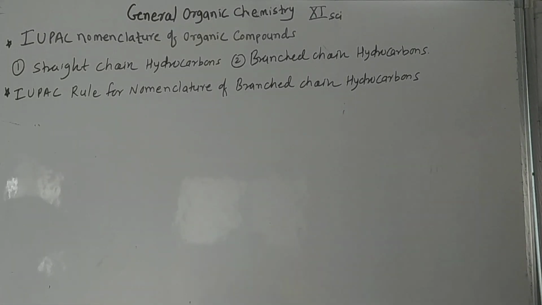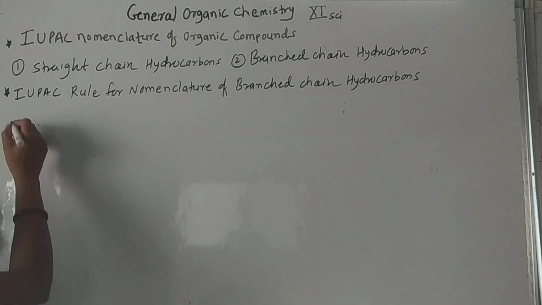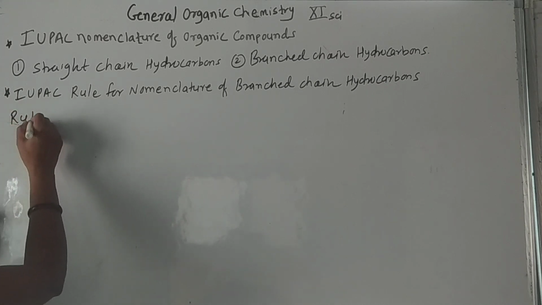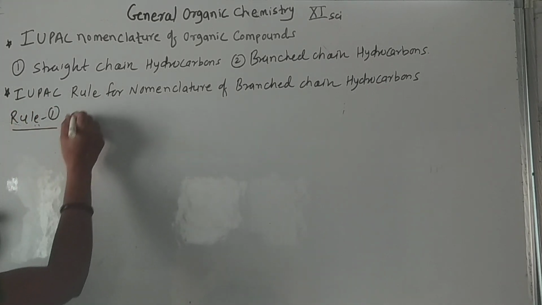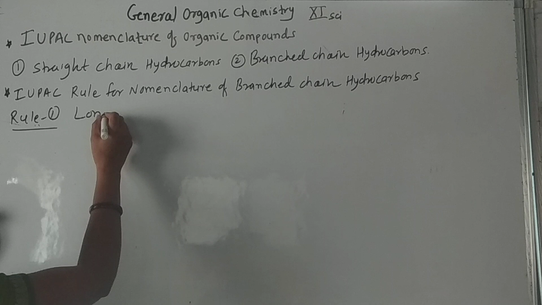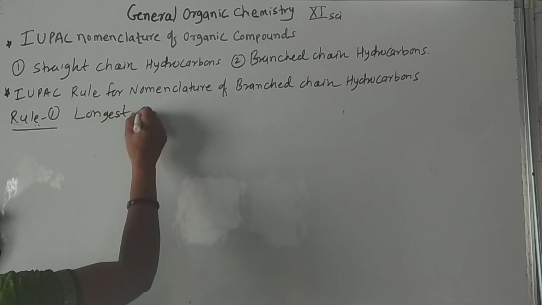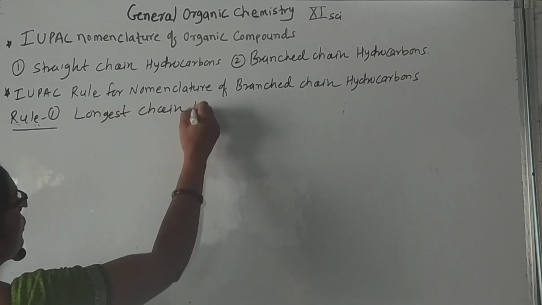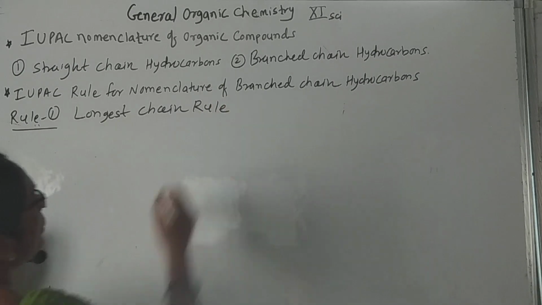Okay. Now we discuss the basic rules of the nomenclature of the branched chain hydrocarbons. Rule number 1 is the longest chain rule. So what is the longest chain rule?